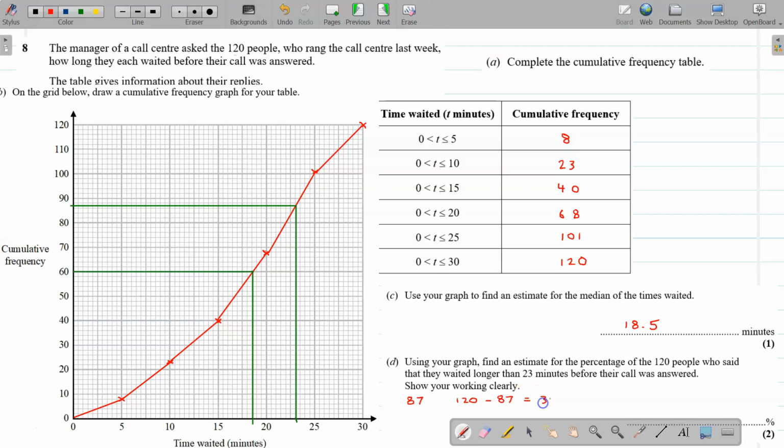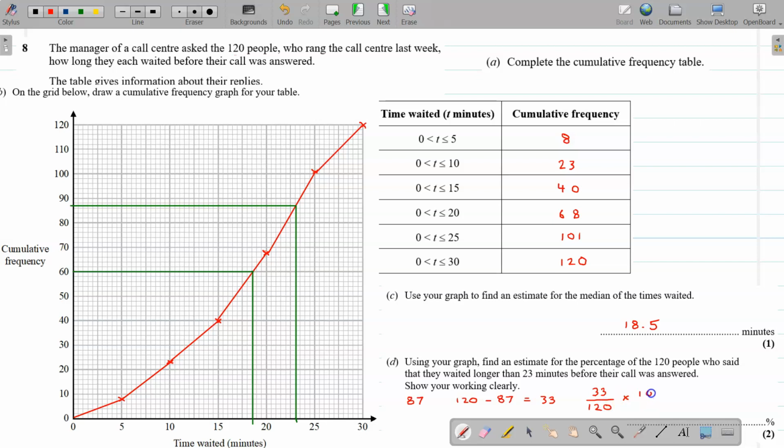But the question's asking for the percentage, so I now need to turn that into a percentage. It's 33 people out of a total of 120 who had to wait longer than 23 minutes.